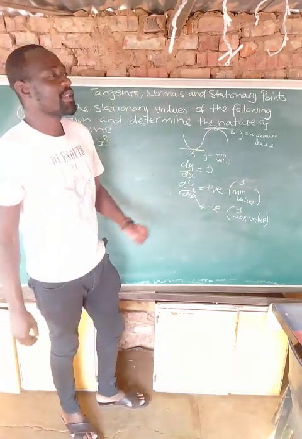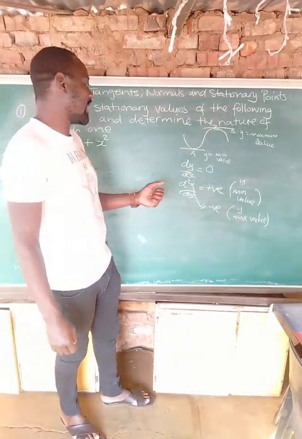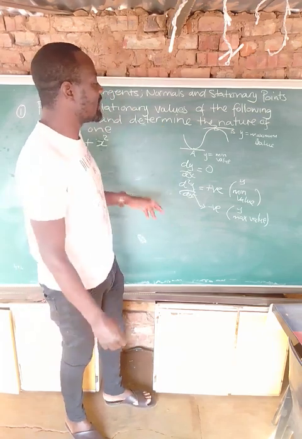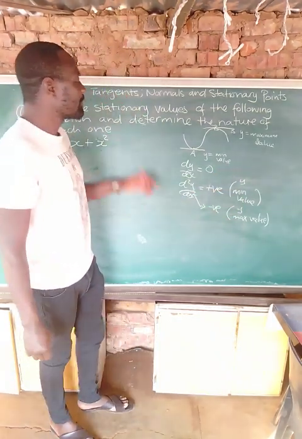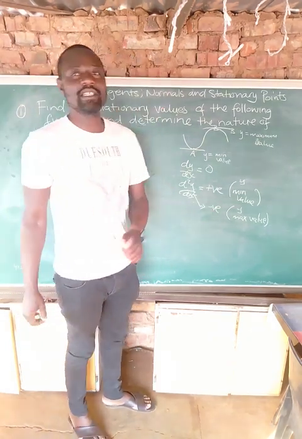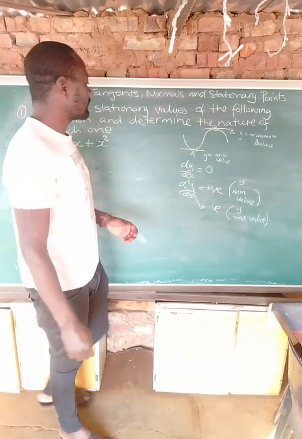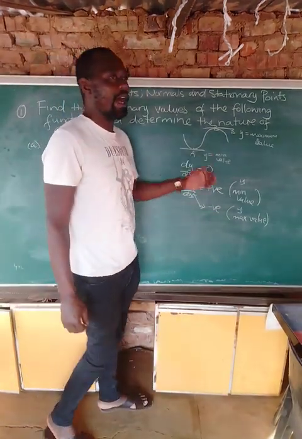We want to see if the second derivative is positive or negative. If the second derivative is positive, then our y value is minimum. If the second derivative is negative, that means our y value is maximum. So I think this is all we need to know for now.